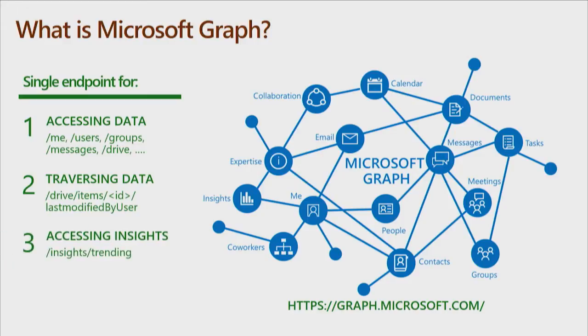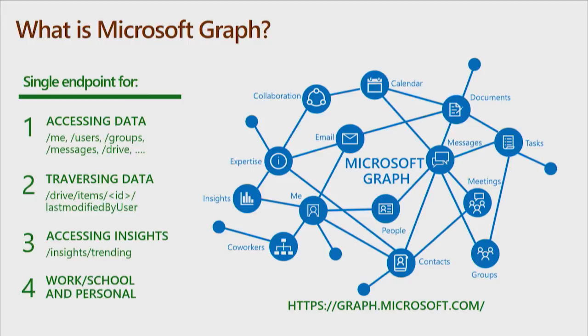The other nice thing about Graph is that we have this concept of insights. So we actually have intelligence that's built on top of the data inside of Office 365. Things like, who am I working with? Not just who is my boss, but who am I working with on a day-to-day basis? Who's reviewing my files? Within the bounds of completely respecting the privacy of an organization, we provide ways to get an aggregate view of the kinds of people that I'm working with inside of my organization, and we expose that through the APIs for you.